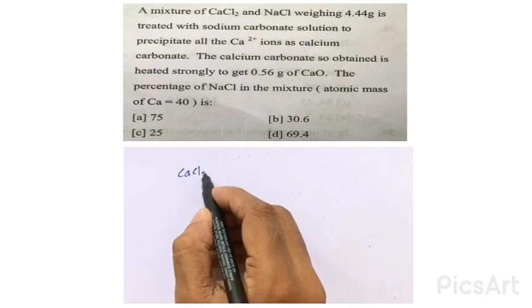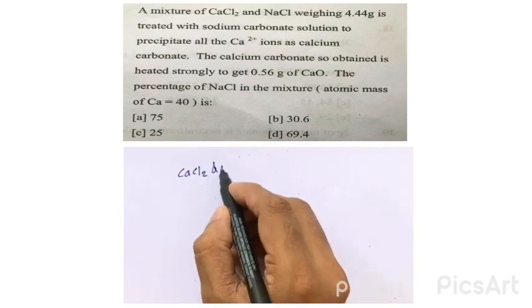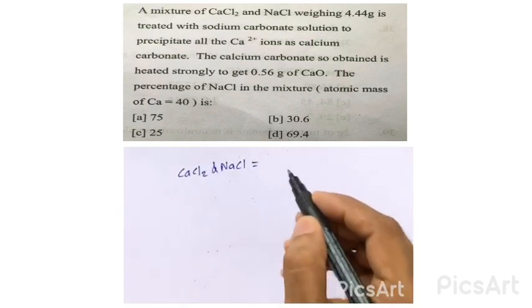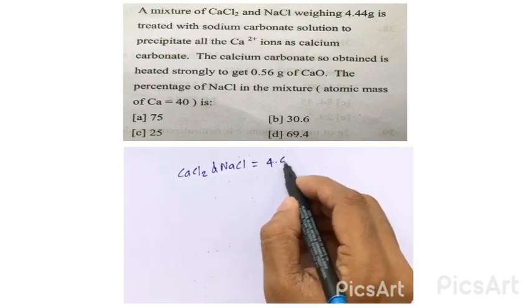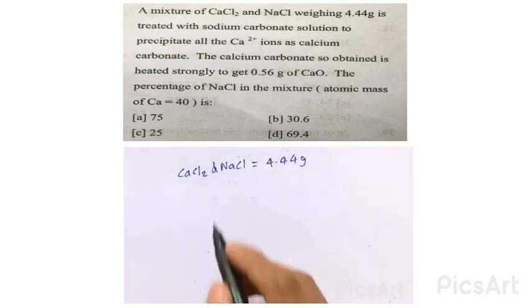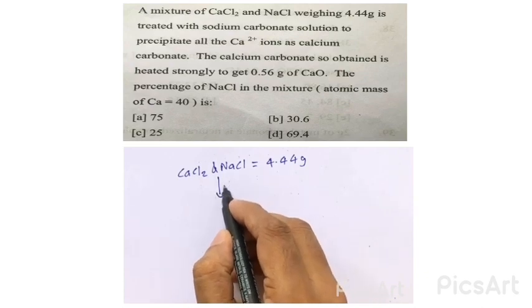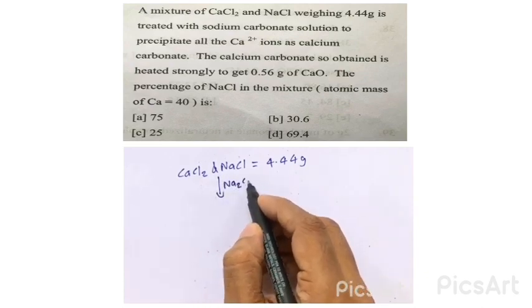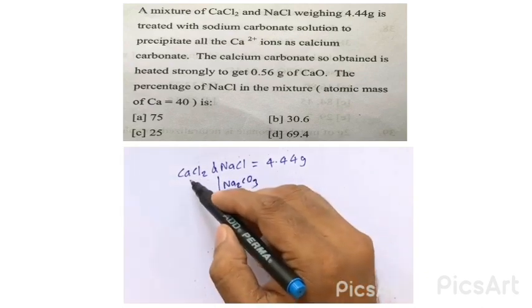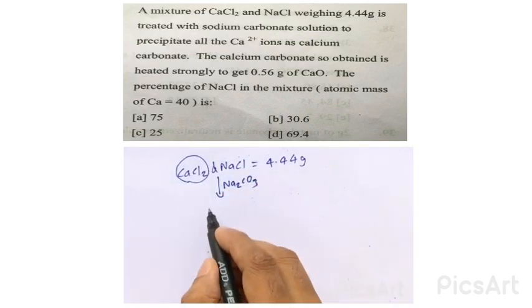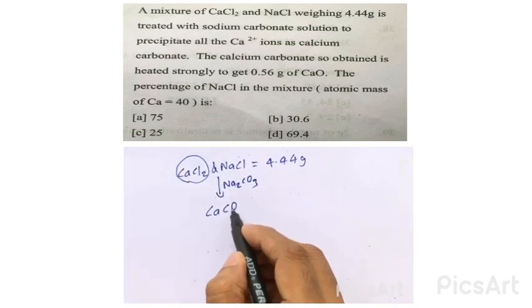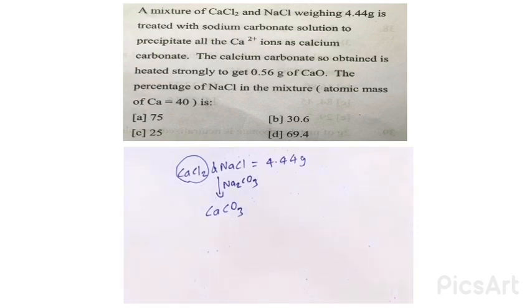Mixture of CaCl2 and NaCl has mass 4.44 gram. If it is treated with Na2CO3, all CaCl2 is converted to CaCO3.